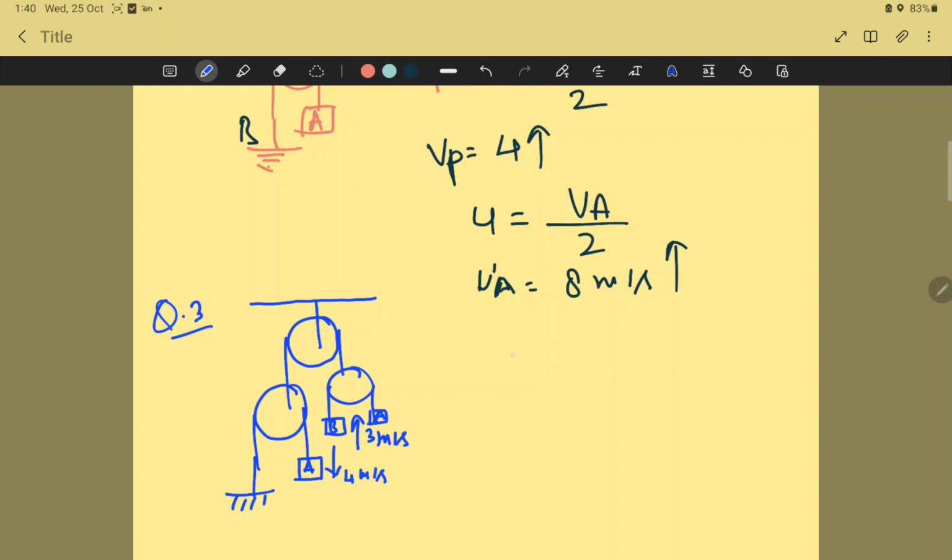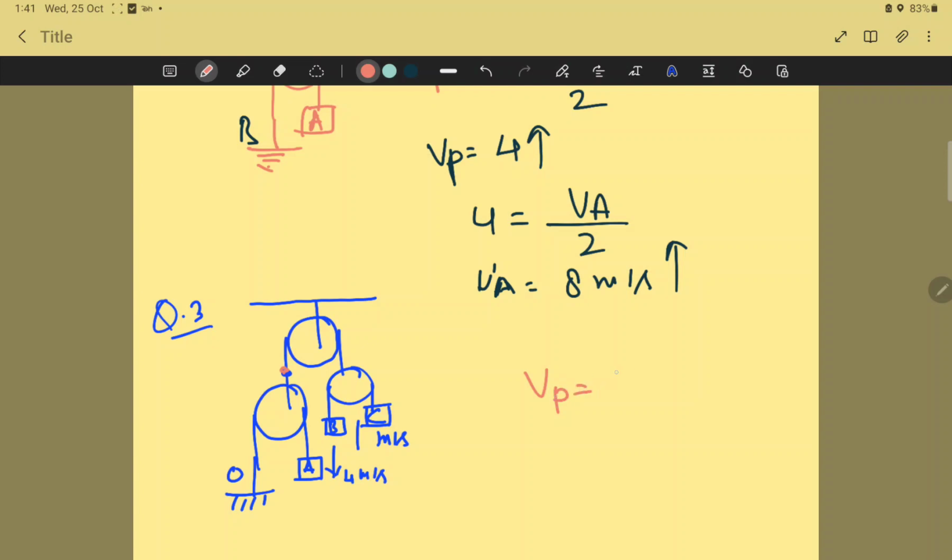Let's take this as C, B and A. So this is what they have given. Now this is 0, so we can get the velocity of the given point.